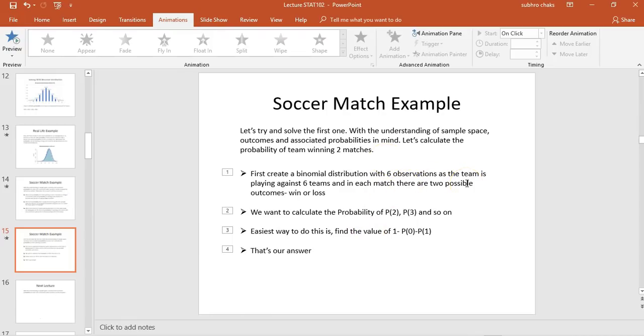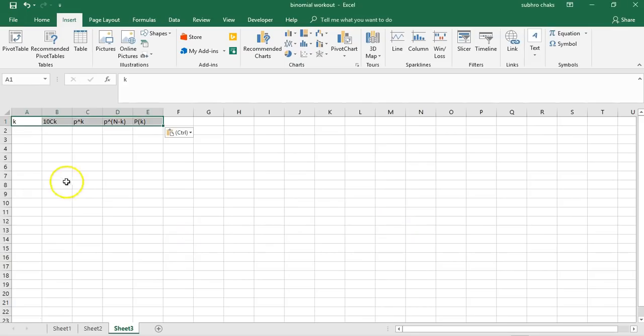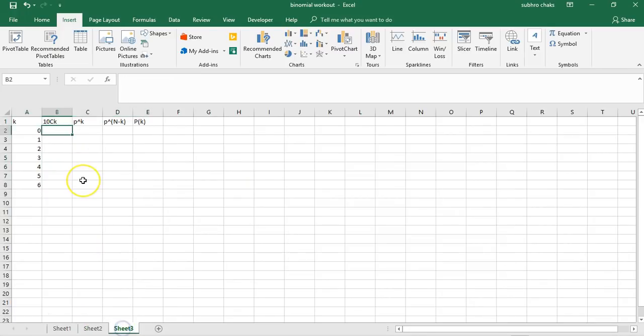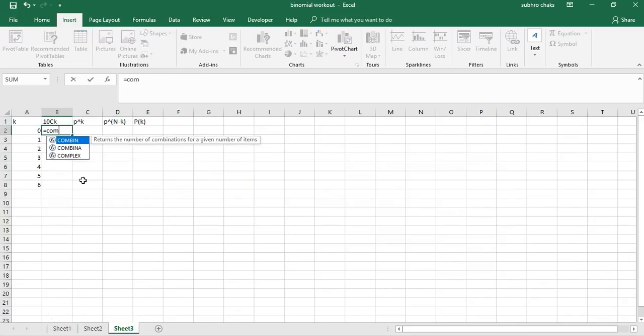There are 6 observations, so the value of k can be 0, 1, 2, 3, 4, 5, 6. That is, the team can win 0 matches, 1 match, 2 matches, 3, 4, 5, and 6 matches, right? And how do we calculate this value? This value is calculated using a function called the combine function.